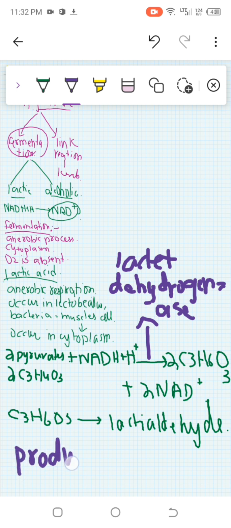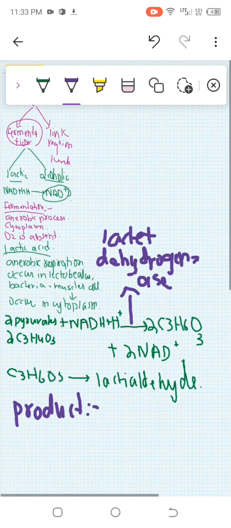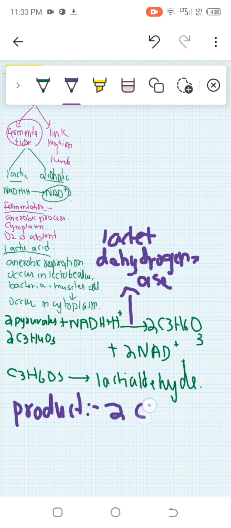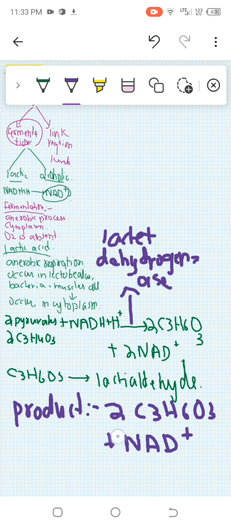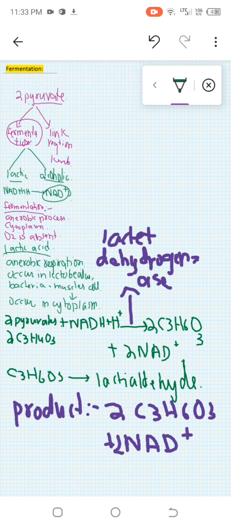The main products we gain in lactic acid fermentation are the C3H6O3 compound and two molecules of NAD plus. Remember, here no decarboxylation will take place. Now we are going to alcoholic fermentation.